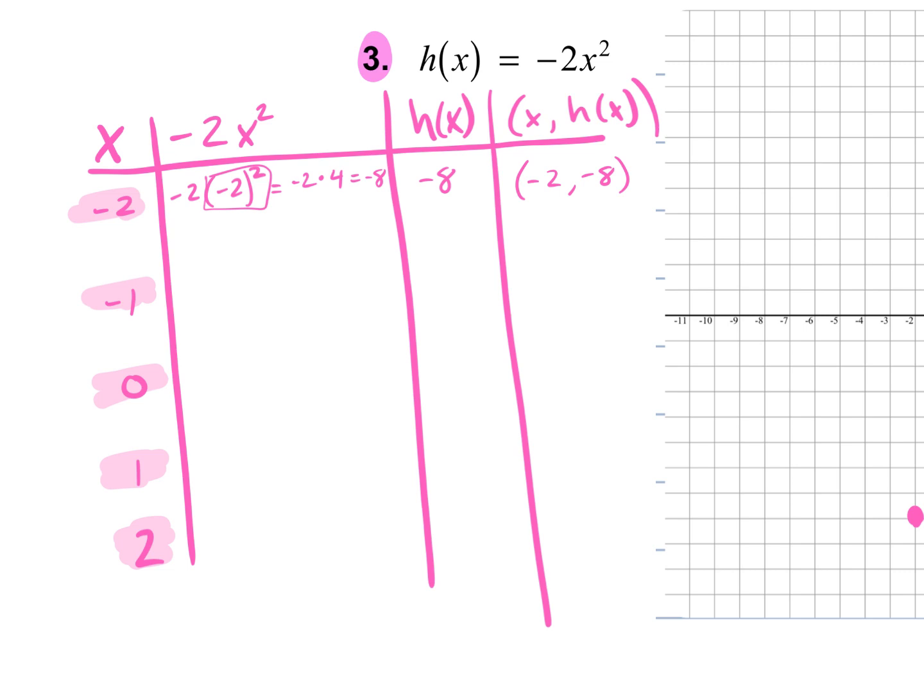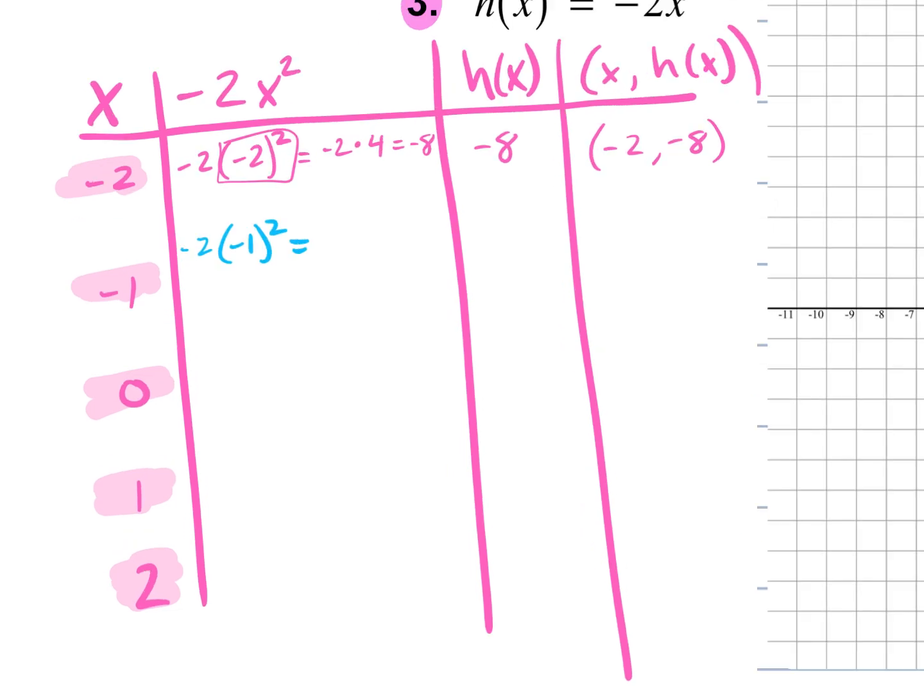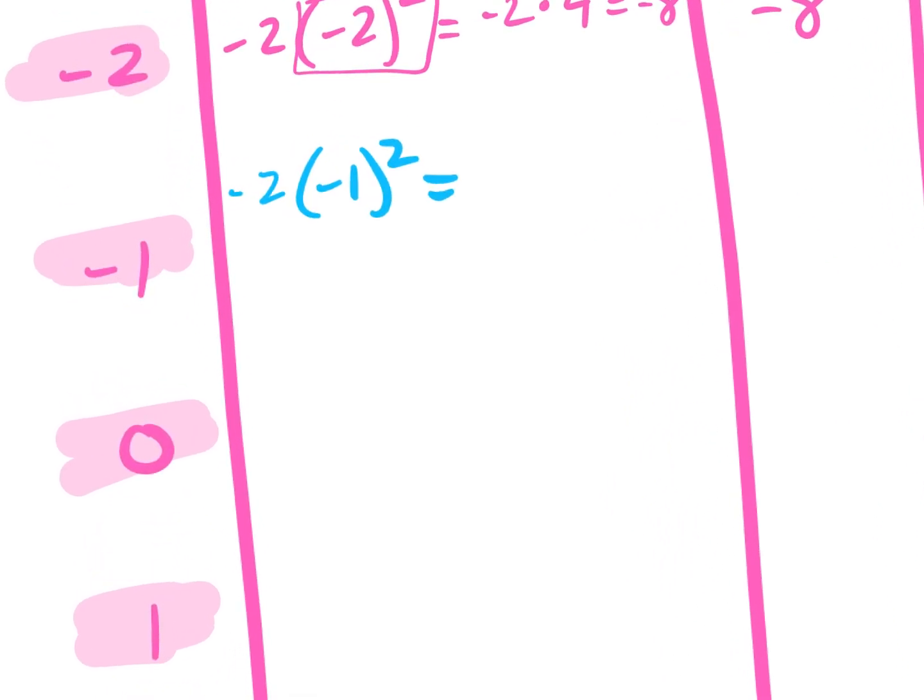Let's plug in negative 1. So we have negative 2 times negative 1 squared. What do we have to do first here, according to PEMDAS? Exponents. So what's negative 1 squared?